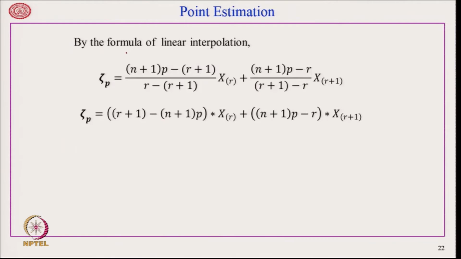So, if we use the linear interpolation, then zeta p is going to be n plus 1 p minus r plus 1 upon r minus r plus 1 into x r. x r is the rth order statistic, that is, among all the observations, the one that is the rth smallest, and this is therefore going to be the r plus 1th smallest, and I am going to interpolate between them, and from there we are going to get a value for zeta p, that is, p is lying somewhere between r upon n plus 1 and r plus 1 by n plus 1.